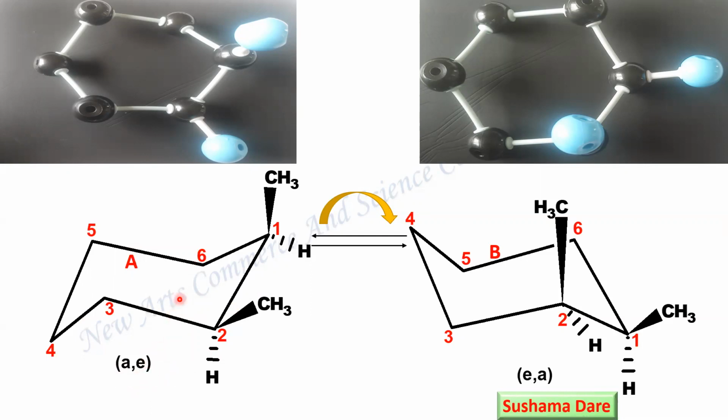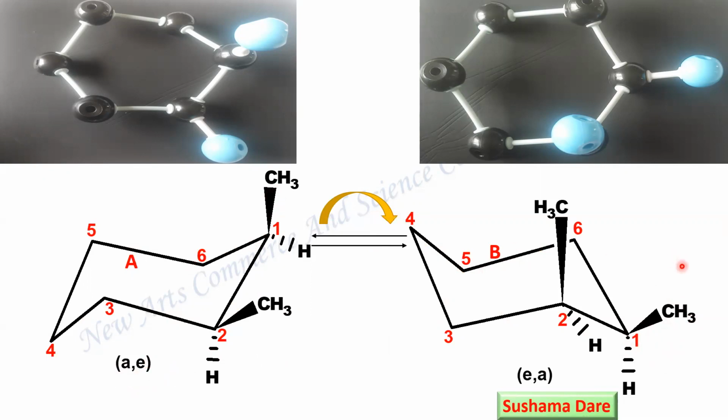Now when it gets flipped into this structure, carbon 1 goes in the downward direction and carbon 4 goes in the upper direction. With respect to that, you complete the remaining numbering 1, 2, 3, 4, 5 and 6. Now due to flipping, what are the changes? The axial methyl group at number 1 remains at number 1, but axial changes to equatorial.